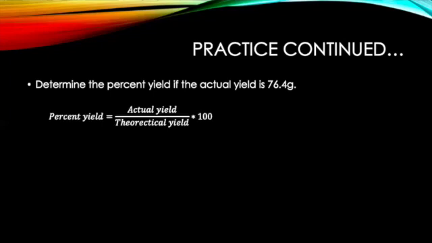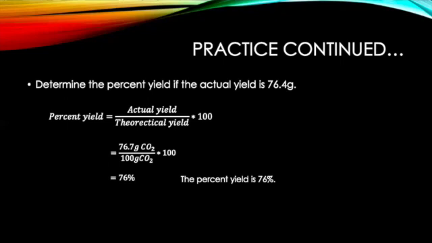So first, you want to write out the formula for percent yield, which is actual yield over theoretical yield multiplied by 100. Then you want to plug it in, so you have your actual yield 76.7 grams of carbon dioxide over the theoretical yield, which was 100 grams of carbon dioxide, and then you multiply that by 100, which should give you 76%. So the percent yield is 76%.